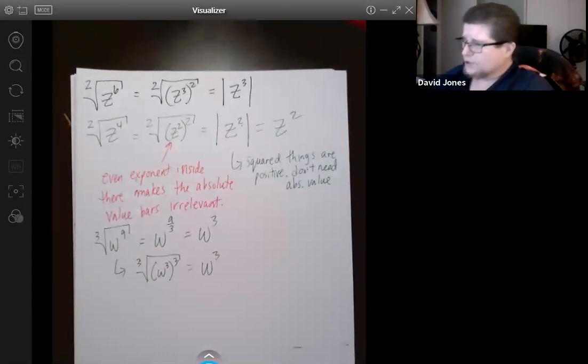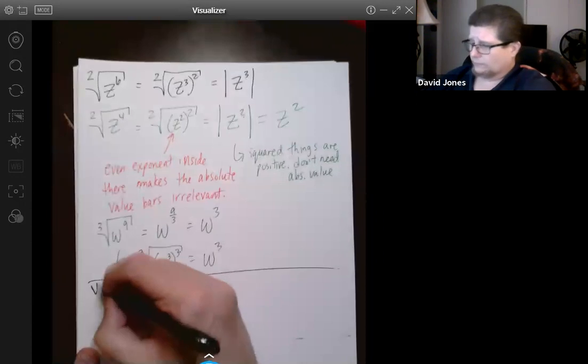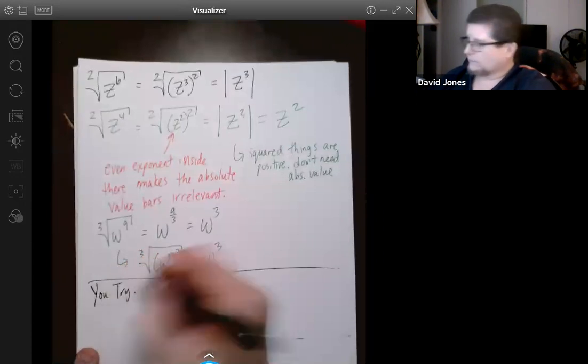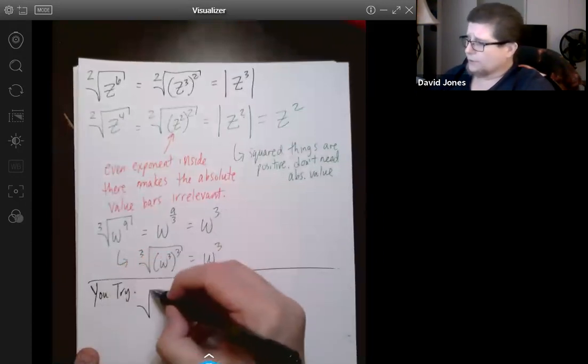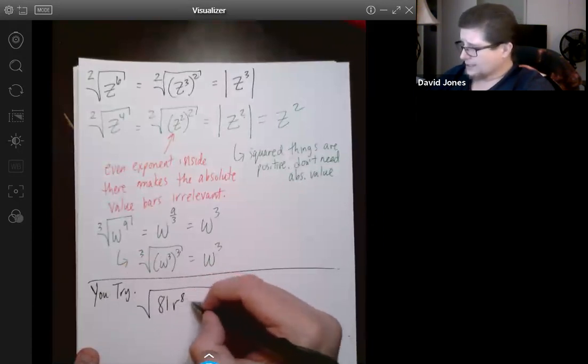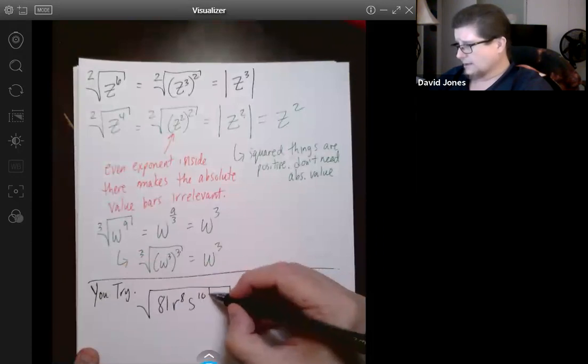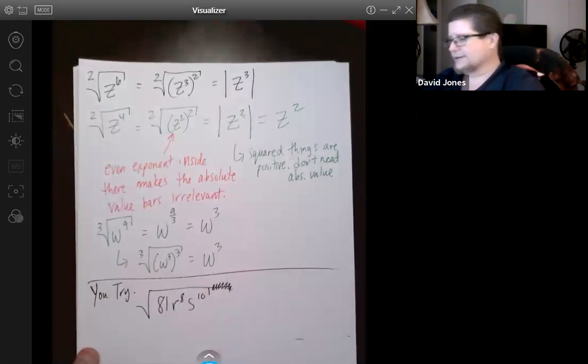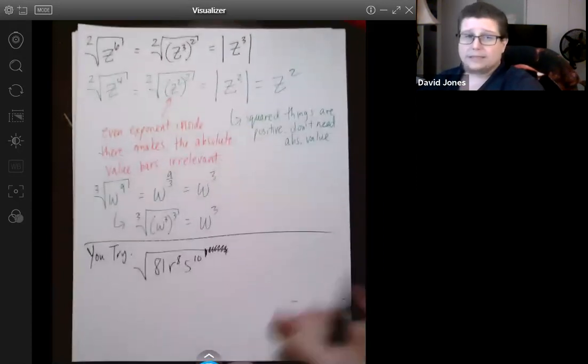Let me give you guys one to try. You try. We're going to do the square root of 81 r to the 8th, s to the 10th. Write this solution. Pause it if you need a while.